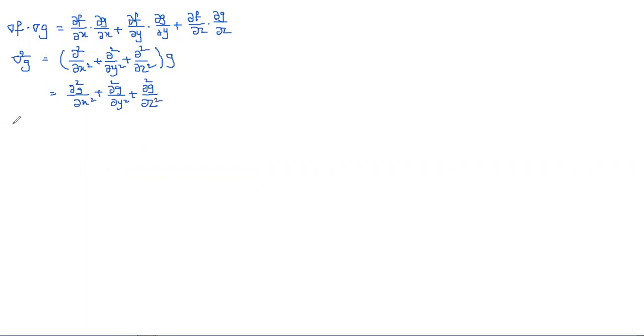So now all the things we require we wrote before. Now we have to take the LHS, which they asked us to prove: the divergence of f grad g, or f del g. Divergence of f del g is simply written as del dot f del g.